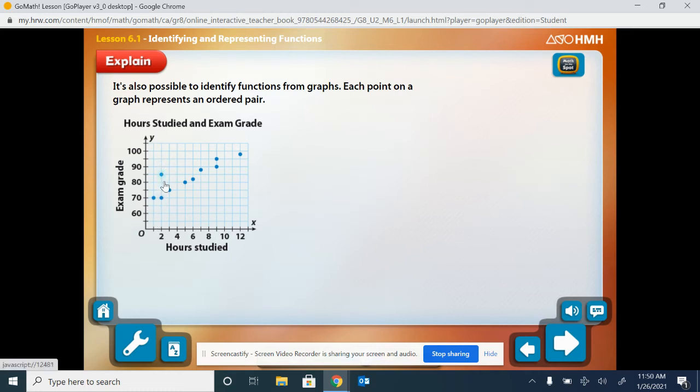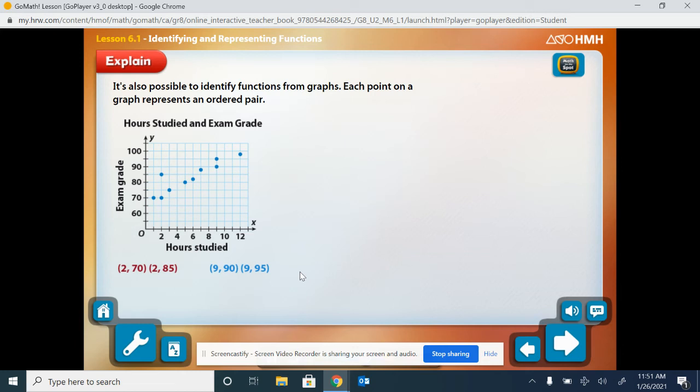But if it hits 2 points, then that means it's not a function. So see right there, that one and this one, they line up. So that means this is not a function. And then this one and this one line up. So then this is not a function because there's 2 points on that vertical line test. Great. 2 is paired with both 70 and 85.